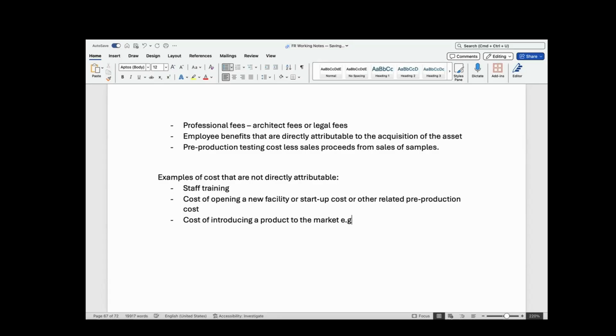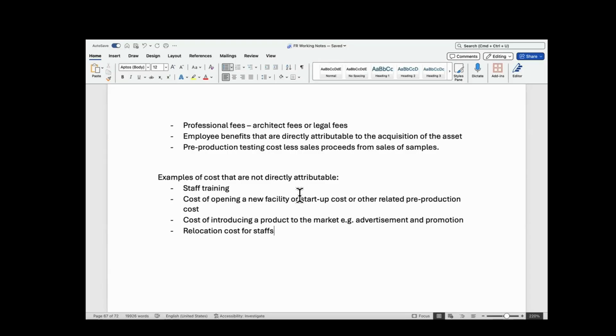I mean, like advertisements and promotion, you don't capitalize those ones, you expense. Or you need to relocate some staff to the new facility. You now pay relocation cost for staff that will come and use the assets. That is also not capitalized.